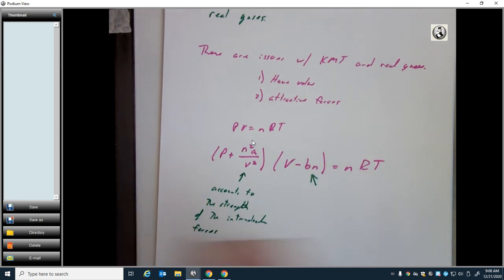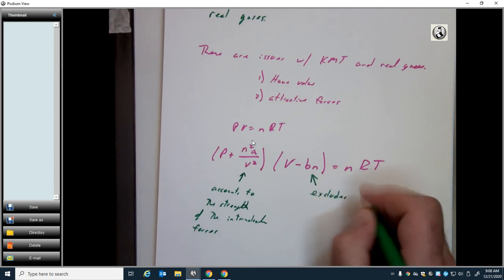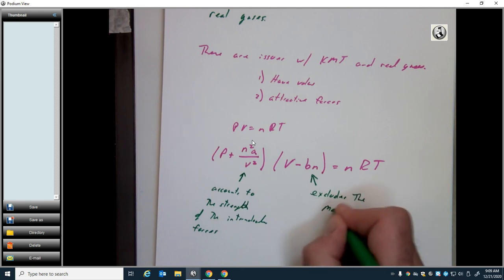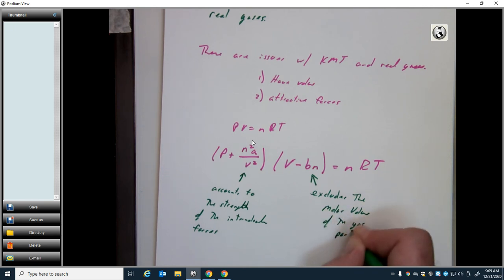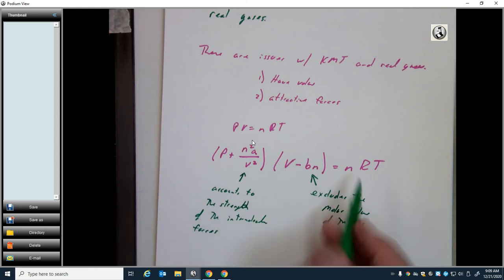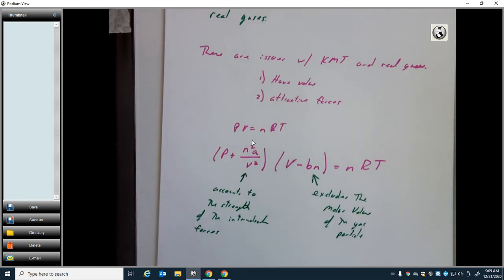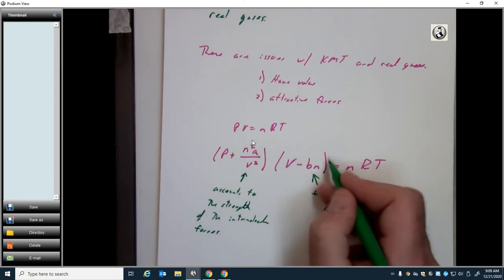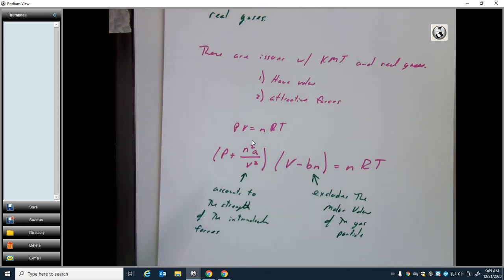This Bn excludes the molar volume of the gas particle. So this modifies it so we get a little bit better equation. You need to know what those mean. You're not really going to have to use it, but you're going to have to know what they mean.